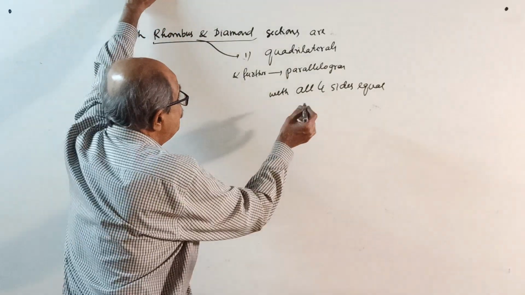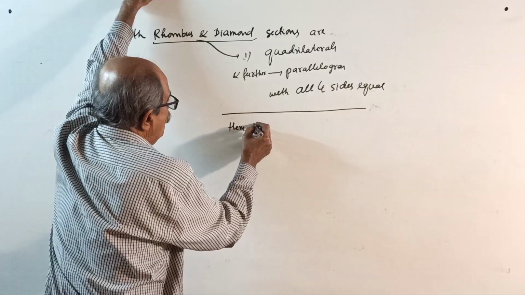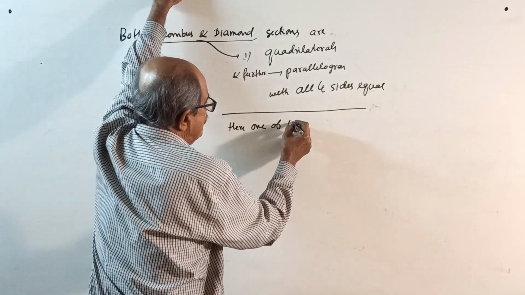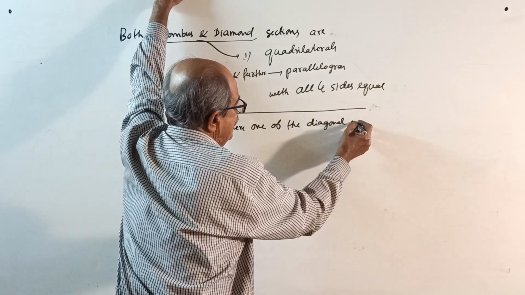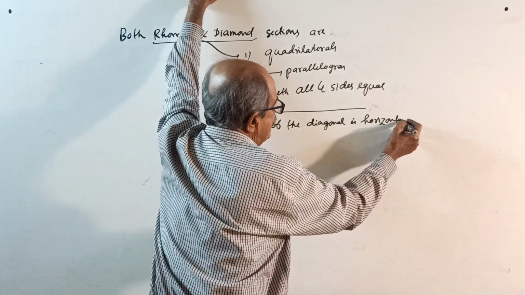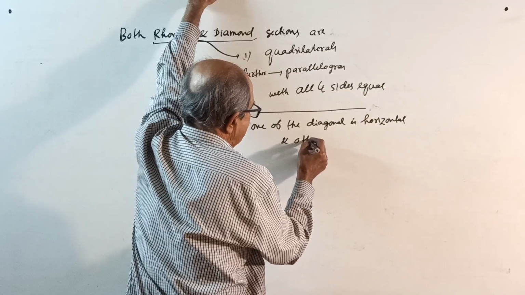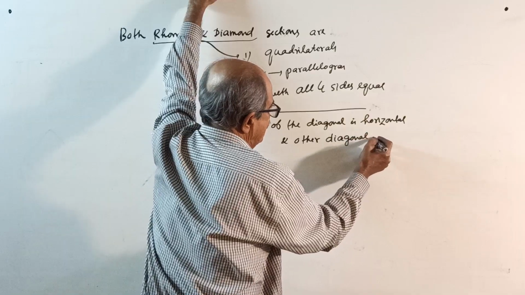And how is the shape here? One of the diagonals is horizontal and the other diagonal is vertical.